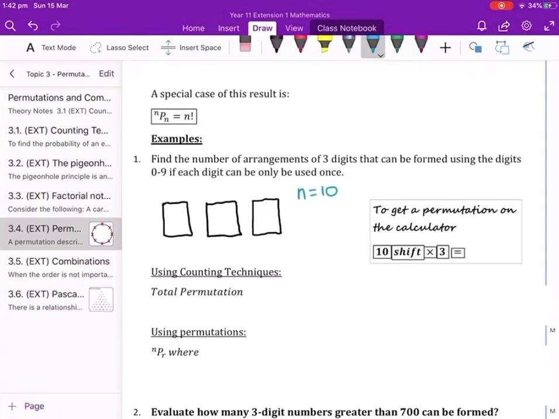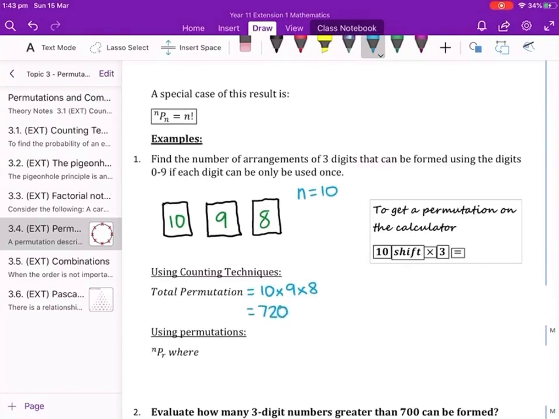In our first box, we could put 10 numbers. Then because we have used one of the numbers and can't replace it, we only have 9 digits left. And because we've used 2 digits, we only have 8 digits left. So using counting techniques, our total is 10 times 9 times 8, which equals 720.